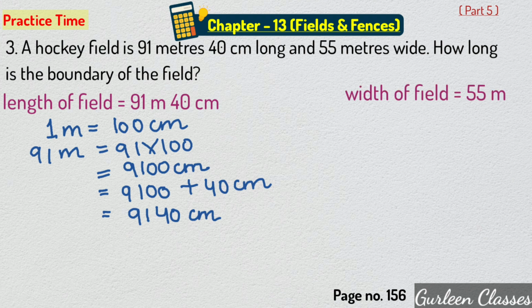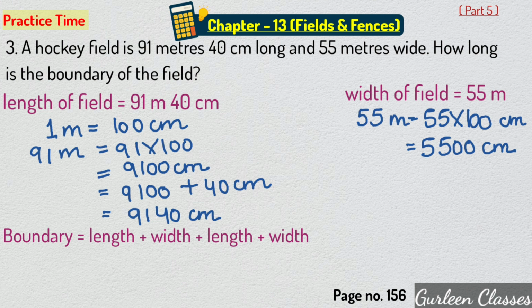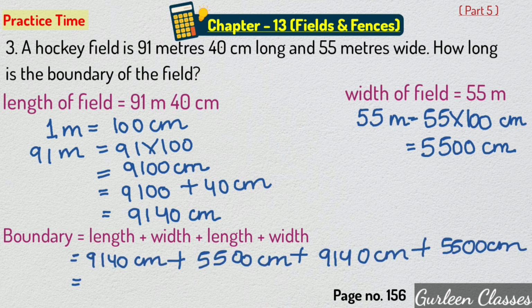Width of the field is given 55 meter. That is 55 into 100, 5500 centimeter. And here the boundary is equal to length plus width plus length plus width. So we can put the values here: 9140 plus 5500 plus 9140 plus 5500.